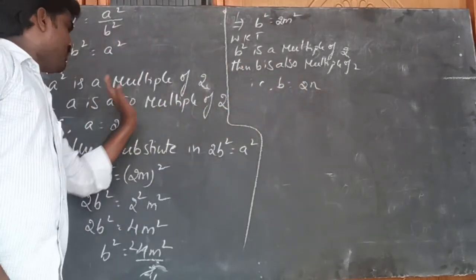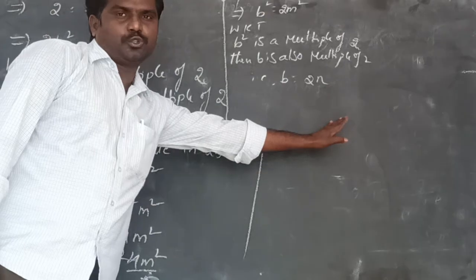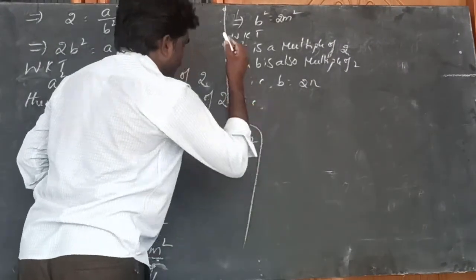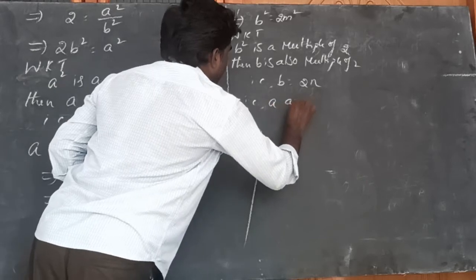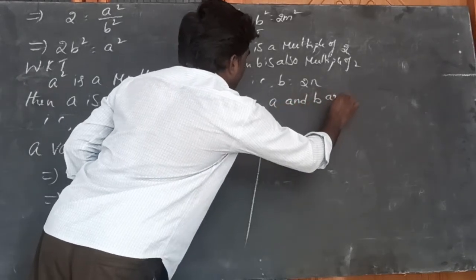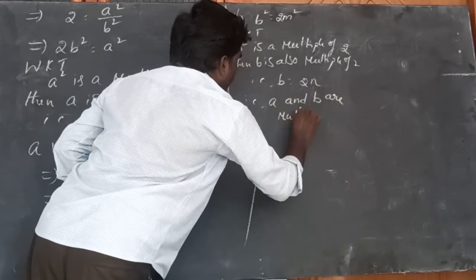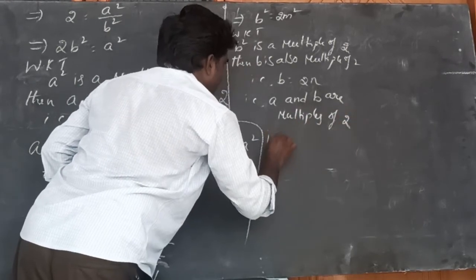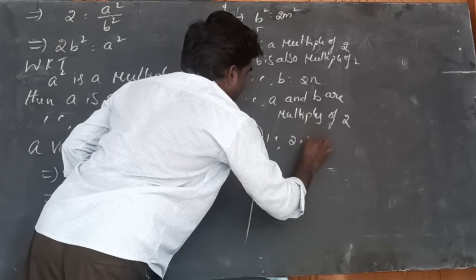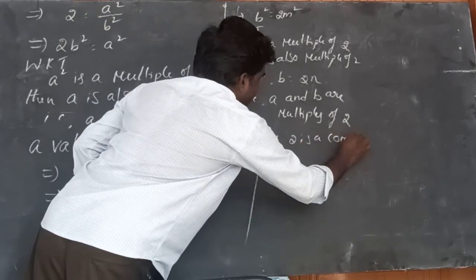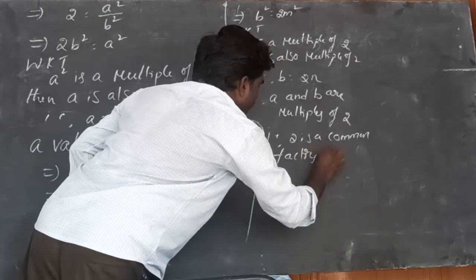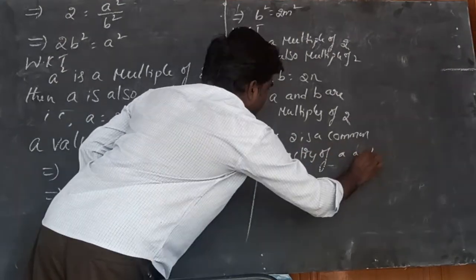So a and b are common multiples of 2. Okay, so that is, a and b are multiples of 2. Okay, that is, 2 is a common factor of a and b.